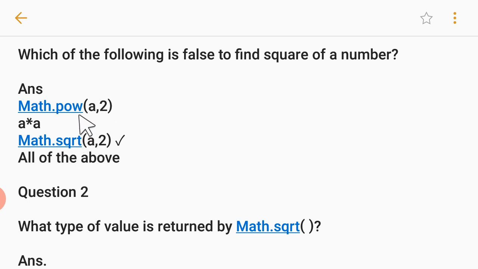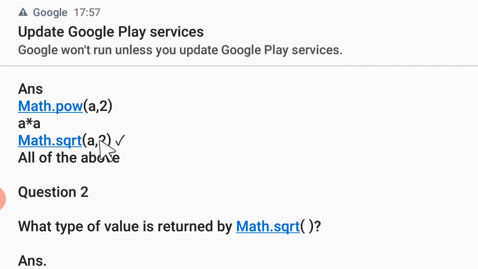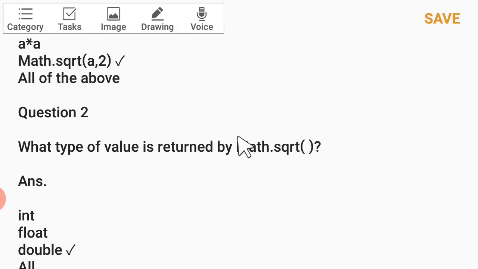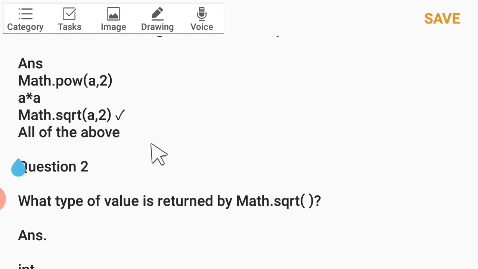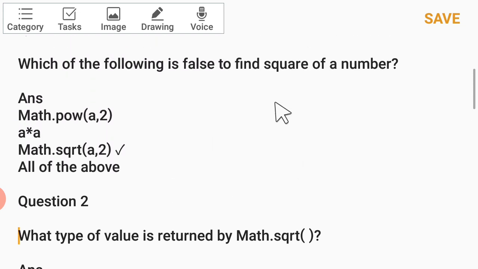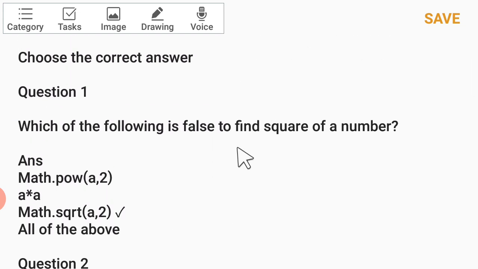So this is correct, and this is not giving us a to the power 2 or finding the square of number a. So the answer over here is going to be Math.sqrt. Why? Because they are asking which one is false. Always remember that.